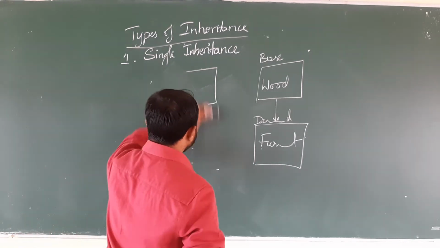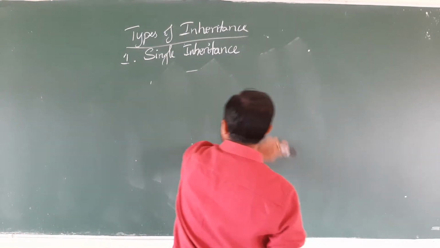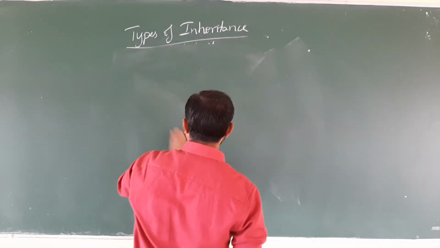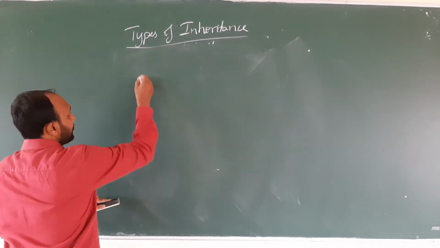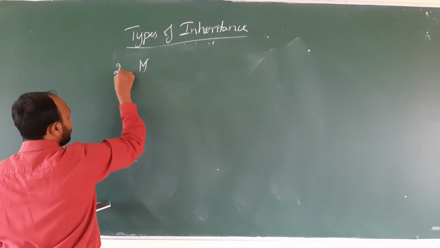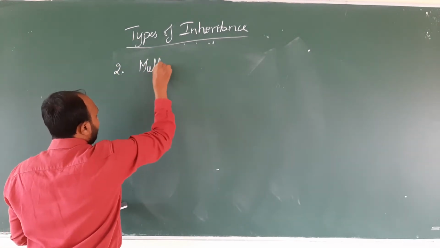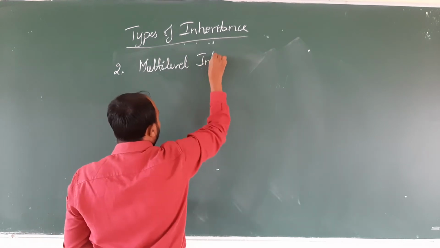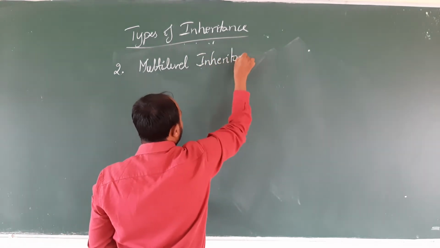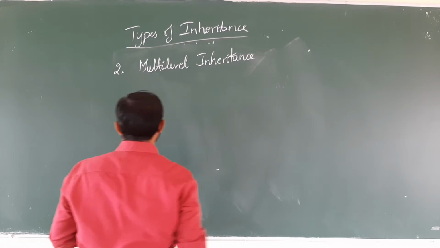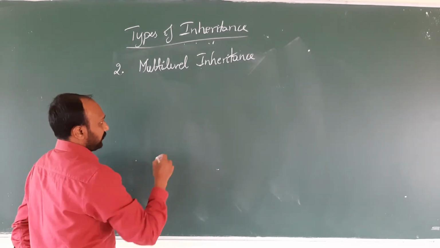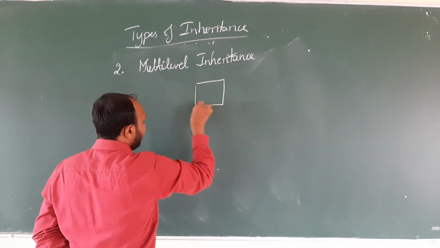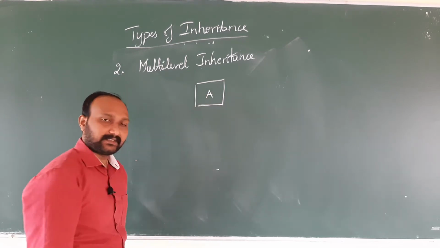Next, the second type of inheritance is called multi-level inheritance. Please notice here. Let us say that A is a base class.